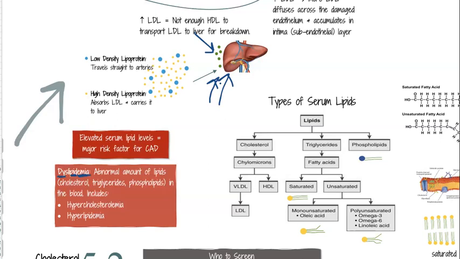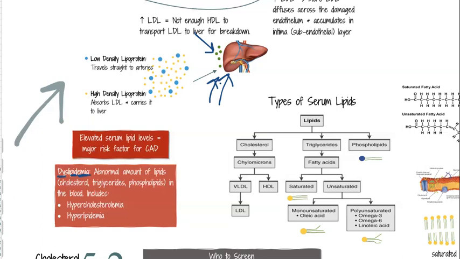Basically those lipoproteins, and you've got your low density and high density, move the cholesterol and other fats throughout the body. The low density lipoprotein is then carried back to the liver by the high density lipoprotein, where it's either used again to create more lipoprotein to bring back to the site where it's needed, or it's converted into bile acid and excreted.